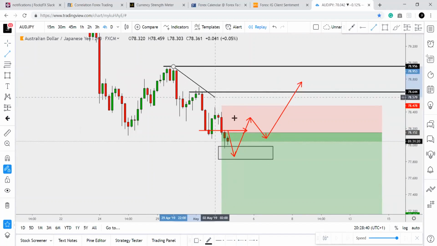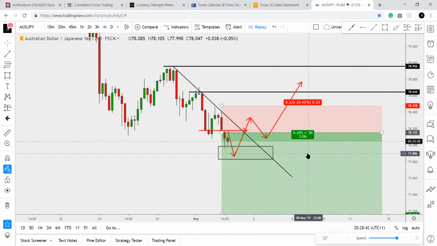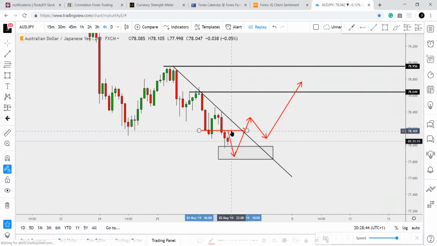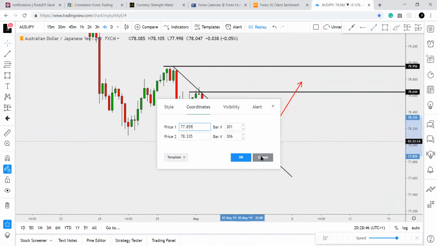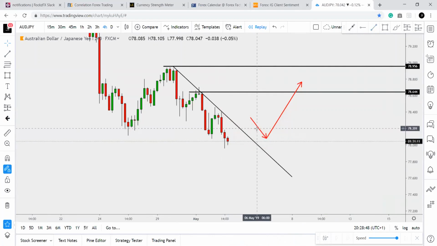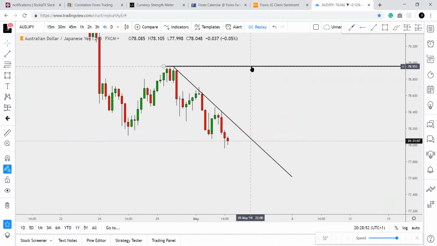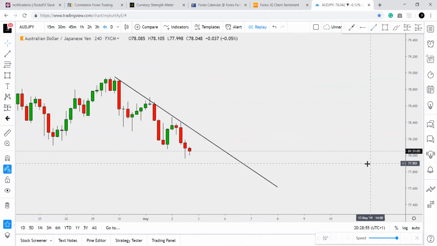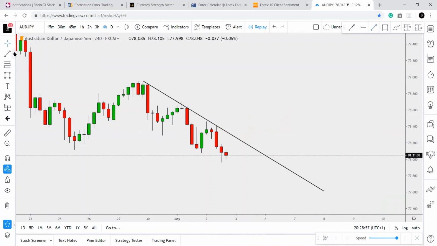They do work, but what you have to be doing is making sure that you're allowing price enough breathing room to show you clear structure that that's what it's doing, okay? Which means it has to look like this.